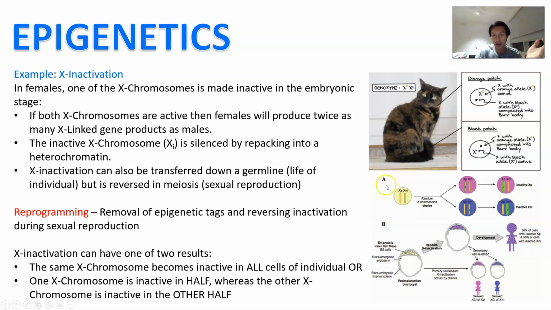In the first example, if you get rid of this X and it becomes inactive into a heterochromatin, this one's being expressed, and therefore all of the individual has this particular color coat, for example, right? On the other hand, if you have this one being turned into a heterochromatin, you get blue as a result, right? So this could be one form of X inactivation.